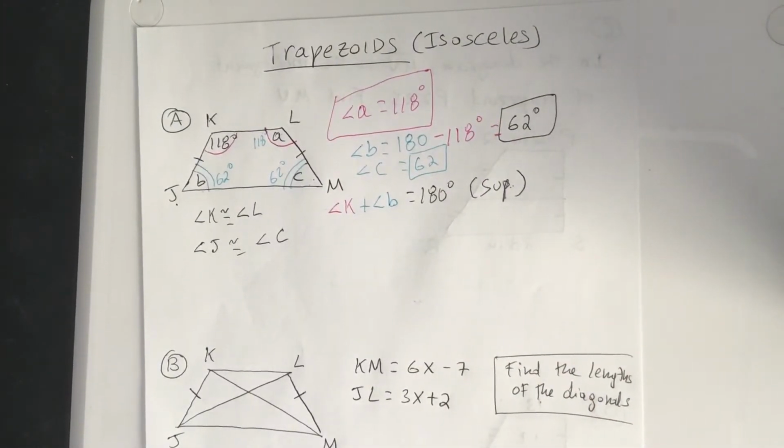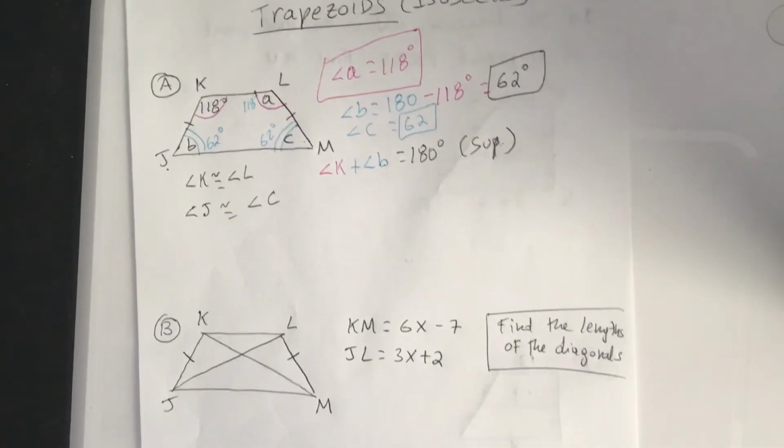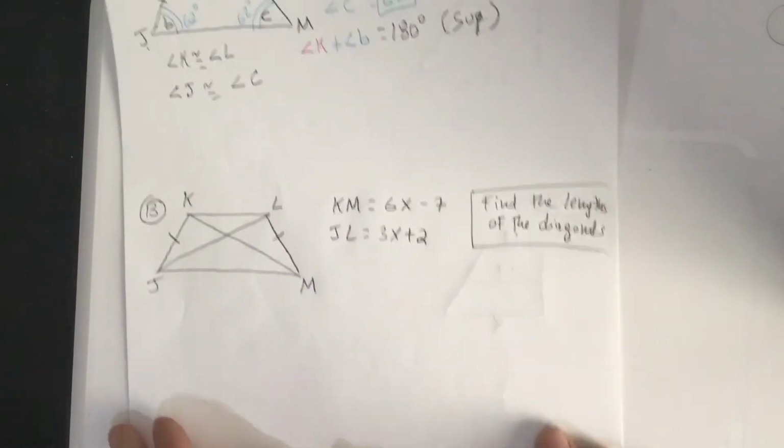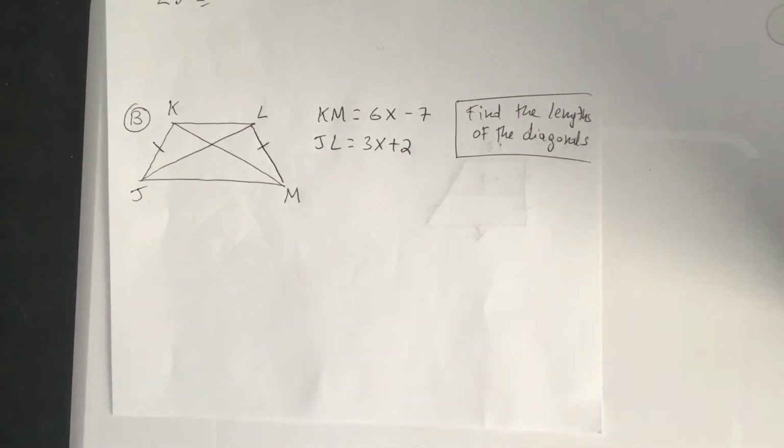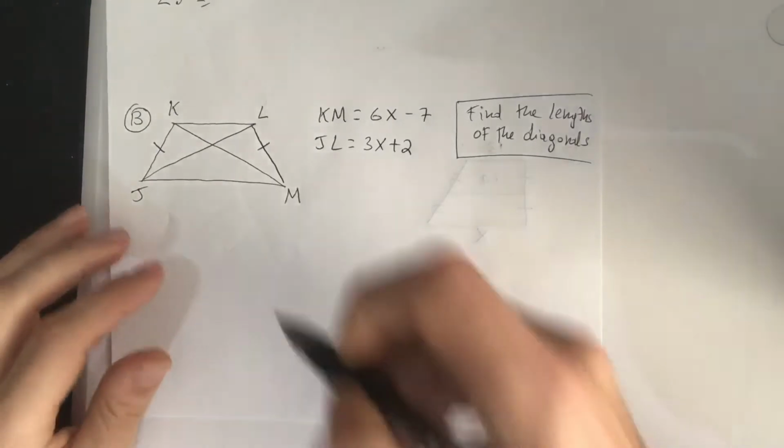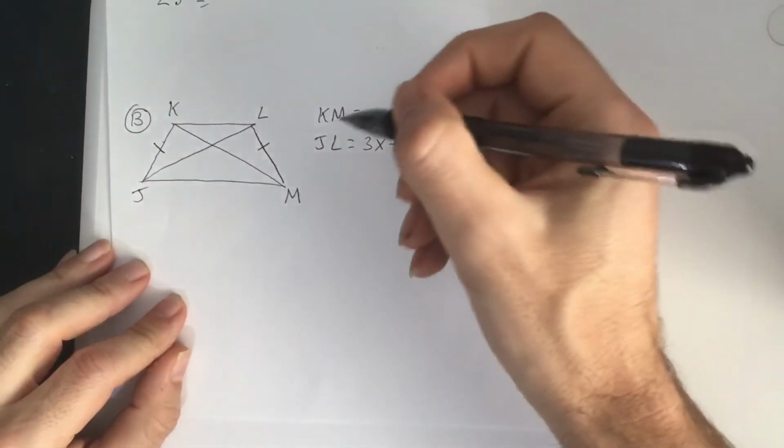All right, so let's take a look at the next one here. Let's move it up. Find the lengths of the diagonals. So we got a trapezoid. So one thing that we know about trapezoids, and one of the properties that we know, is that the diagonals are congruent.